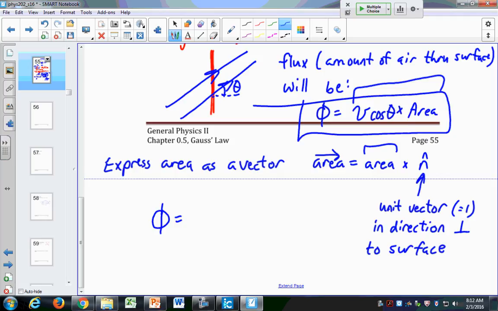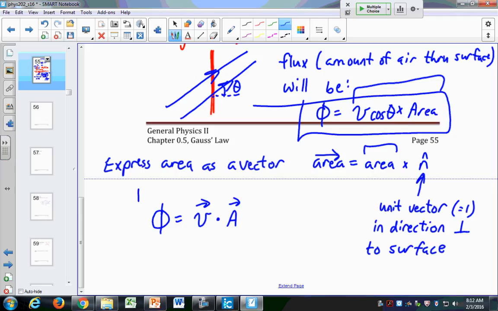What is that? Not a cross product, no, but you're close. The cross product has a sine theta term. What is it? It's the dot product. It's our scalar product. So this is going to be our definition for our flux, which is a scalar quantity, and it is going to equal V dot A.